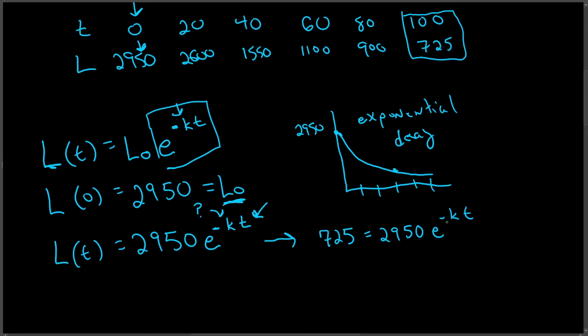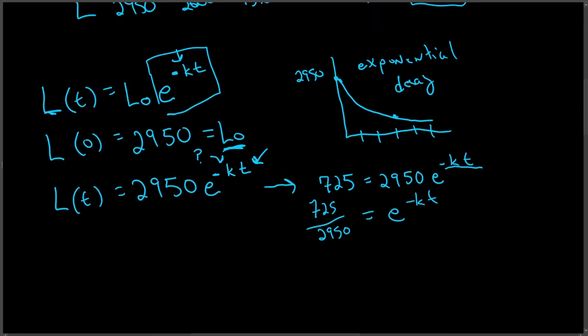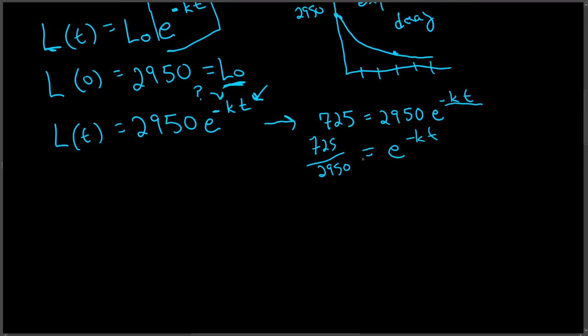So I've put my whole problem here to solve for k. I'm going to isolate this part of the equation, so I'll divide 725 by 2,950. And now I have a raw exponential. So we need to cancel this out, or bring everything down from the exponent.